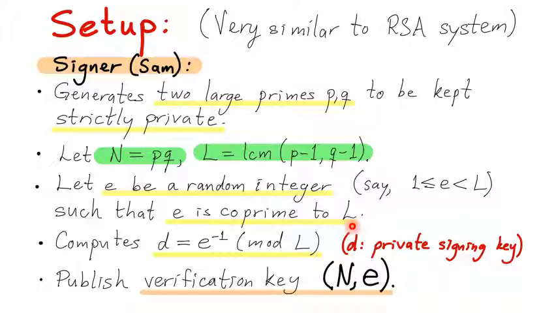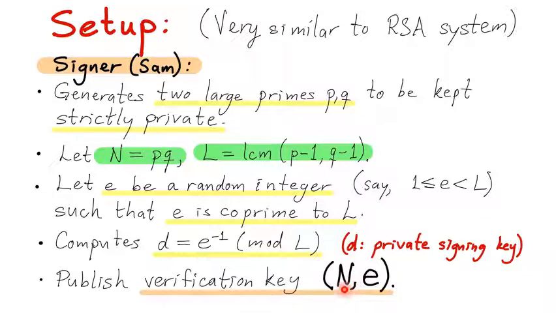And now, because Samantha knows L and E is coprime to L, it is computationally easy for her to find the multiplicative inverse of E modulo L, and that is going to be Samantha's private signing key. So Samantha publishes her public information, the verification key.